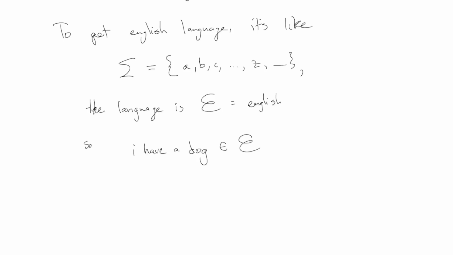So that is an element of E, but something like "I howl a dog" is not an element of the English language, because that doesn't make sense, because howl is not a word. Or something like "I have", I'm going to say this also is not a legal English sentence, etc.